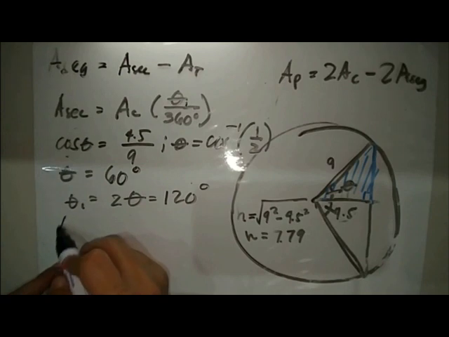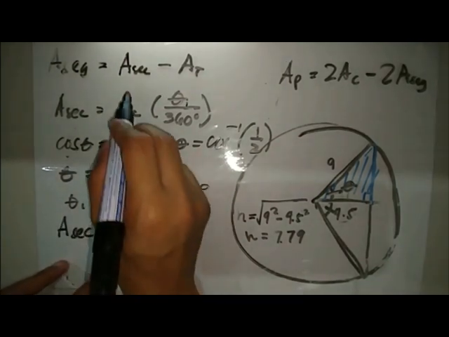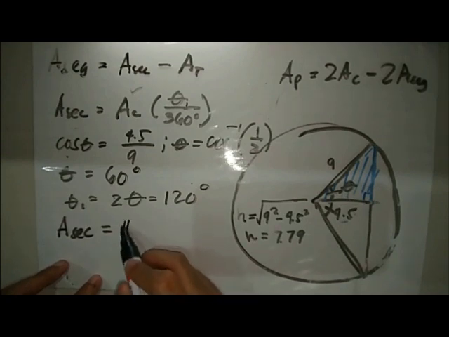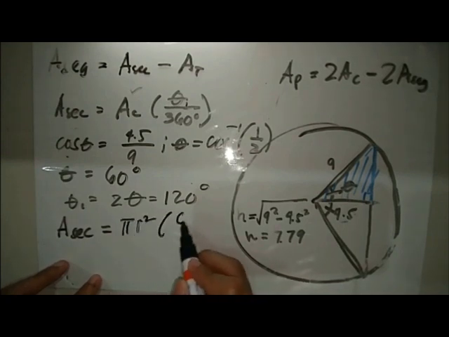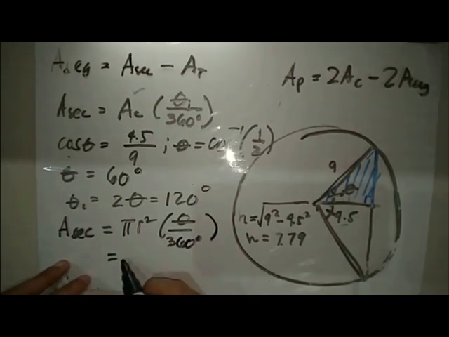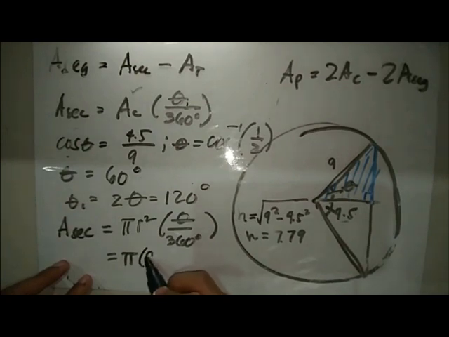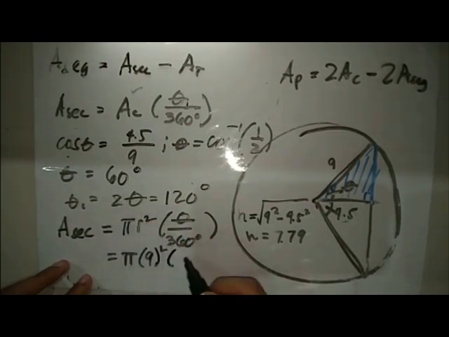So area of sector is equal to, you have area ng circle. So that is pi r squared times theta over 360 degrees. So pi r natin, that is, you have 9 squared. Theta is 120 over 360 degrees.